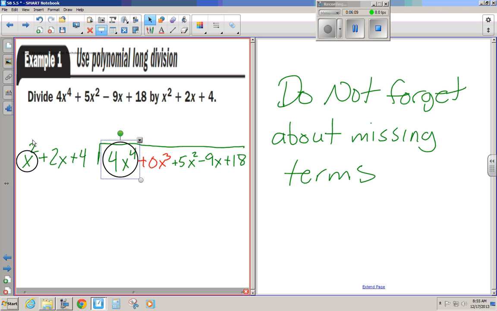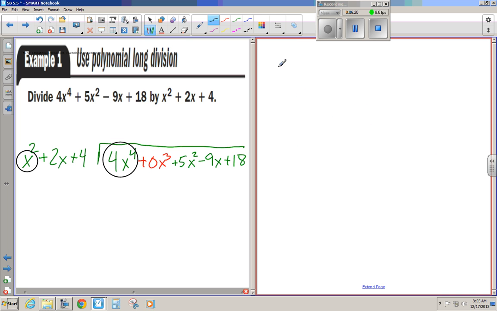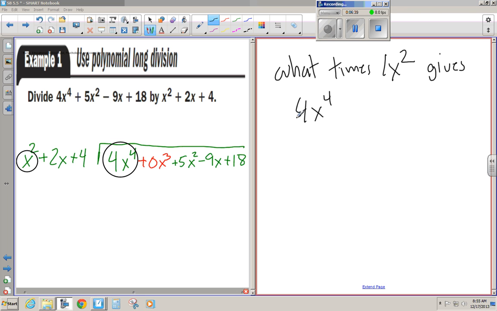Only worry about x squared and 4x to the fourth. Because all you need to say to yourself is, all right, what times x squared gives 4x to the fourth? Well, there's a 1x squared and there's a 4. So you know it's got to be a 4.